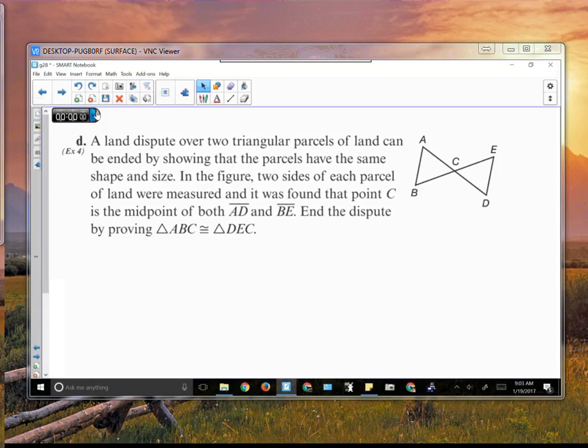So if I've got a midpoint there, what does that tell me about the segments that are left when they're cut up? If something's a midpoint, what does that tell me? If I said that we were at the midpoint of the school year, what does that mean?